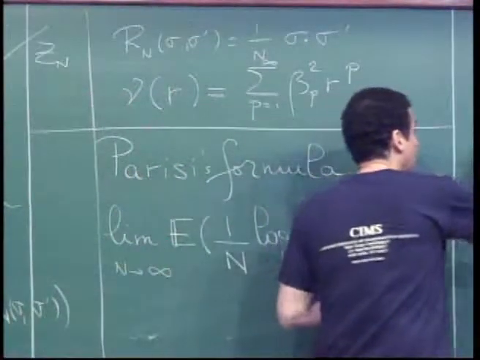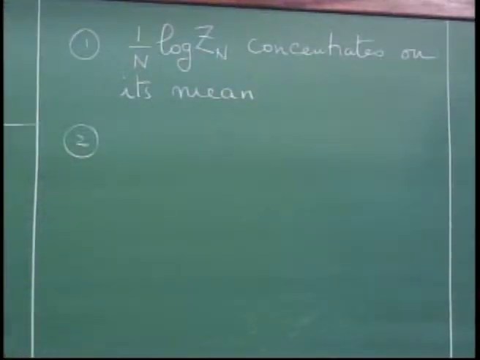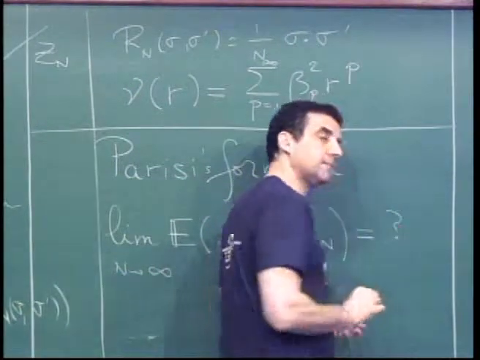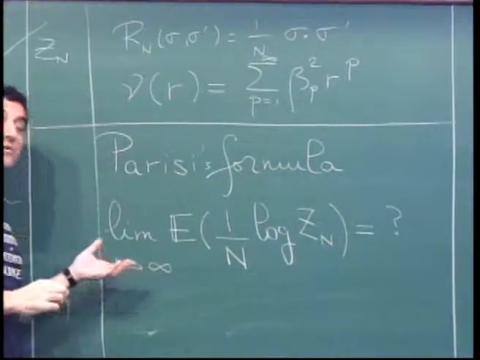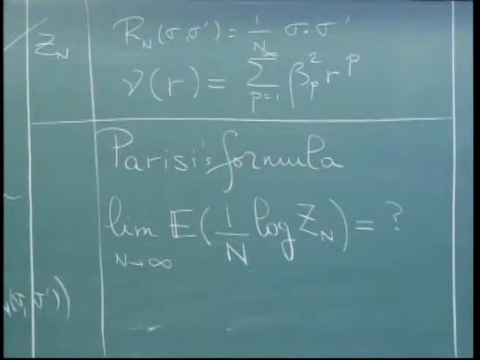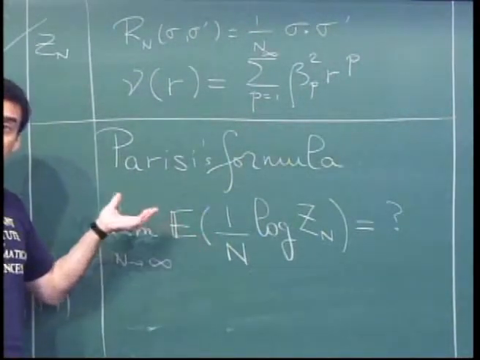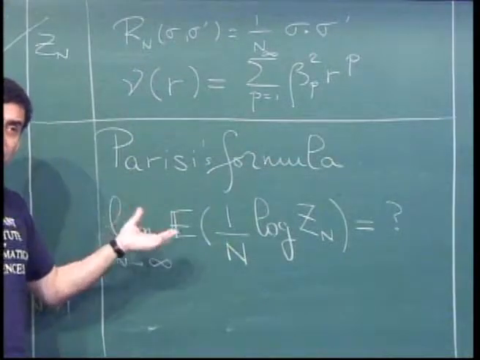Second remark: this limit exists, and the Parisi formula gives this limit. And I will say what this is here. So that solved the first question. You remember yesterday I said in any statistical mechanics type of thing, you have first to understand the free energy. So this gives the formula for the free energy.